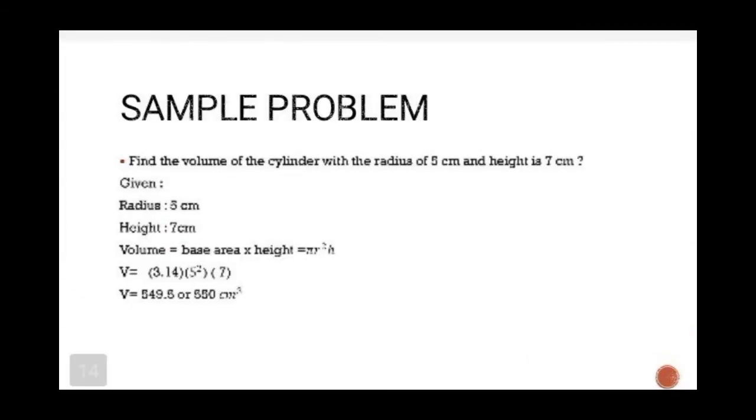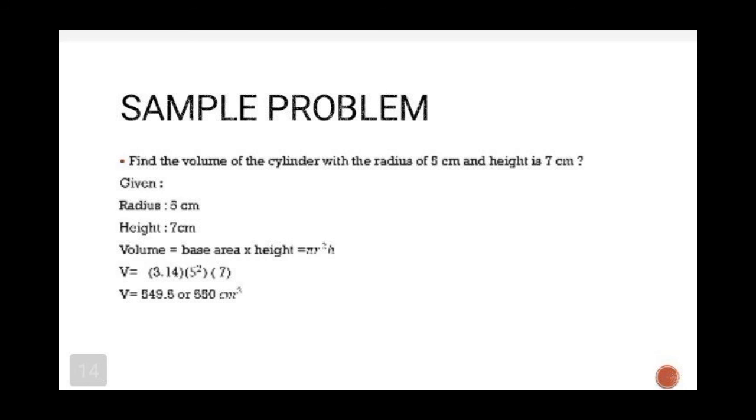So let's take an example of how to find the volume of the cylinder. Find the volume of the cylinder with a radius of 5 cm and a height of 7 cm. So the given is radius is 5 cm, the height is 7 cm. So the formula we will use is volume equals base area times height equals pi r raised to 2 times h.